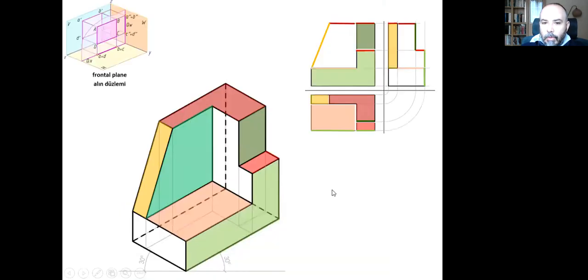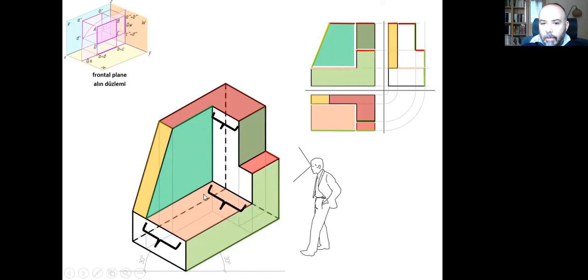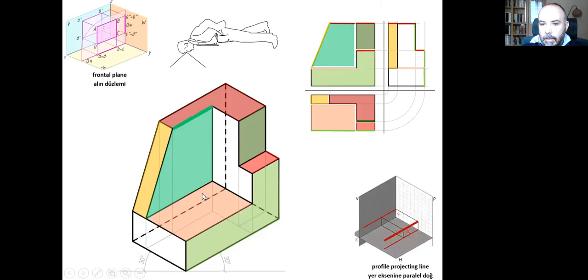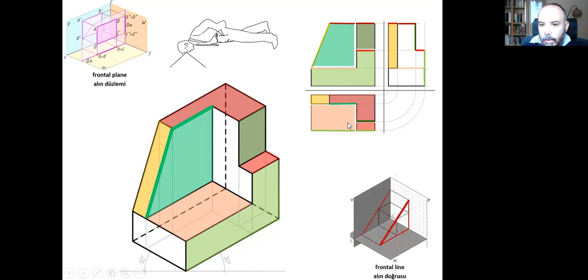So let's move on. That was another frontal plane here that appears as the light green surface. Because of these interval differences, I leave all these gaps. I can see this surface as a profile projecting plane in the top view, and this surface here is a frontal line here.